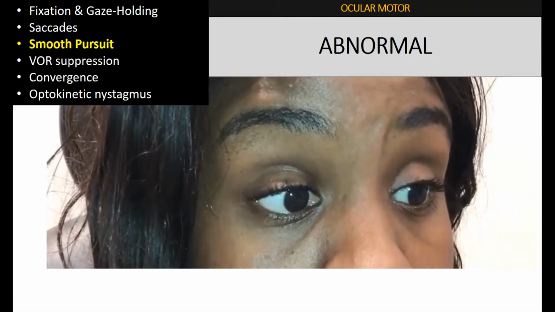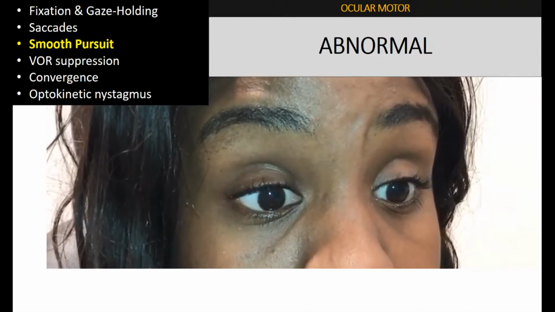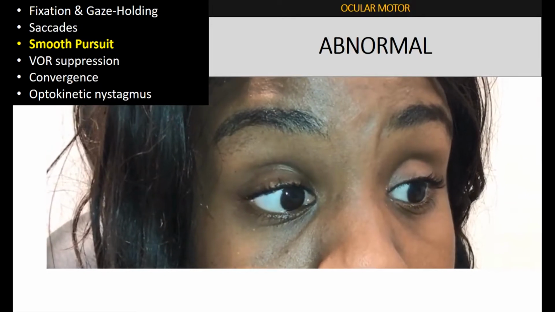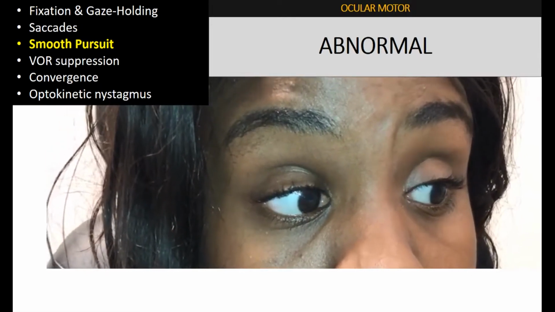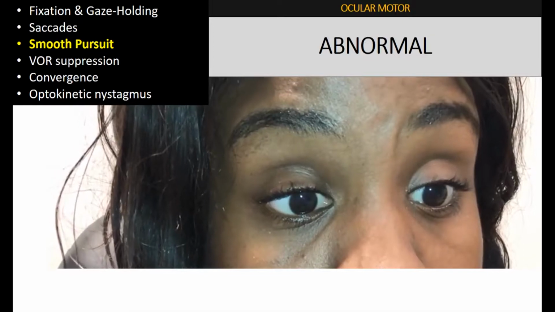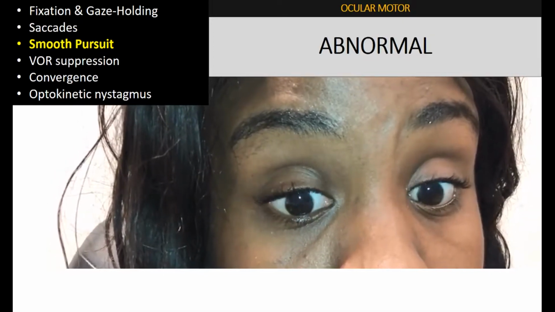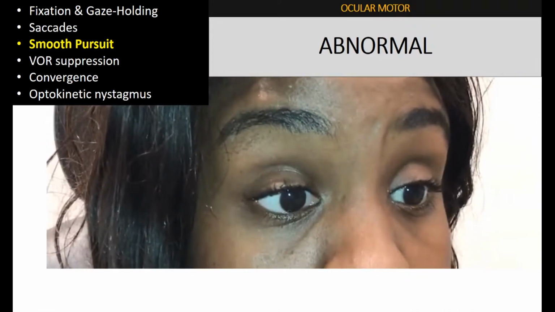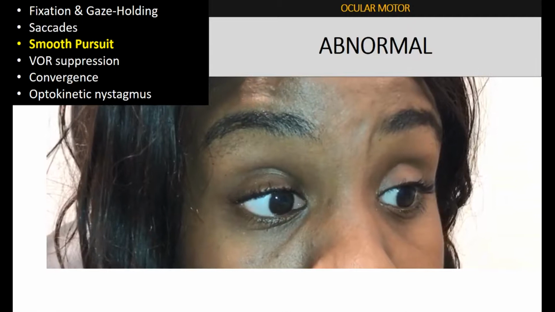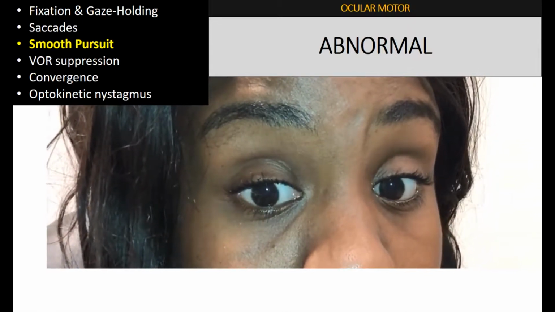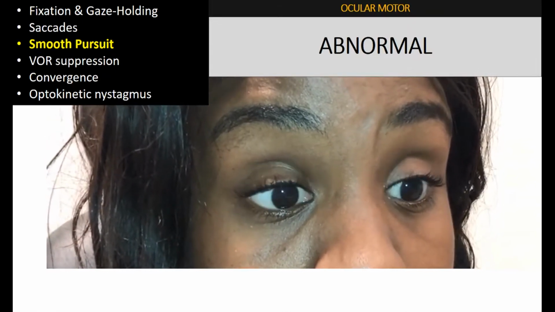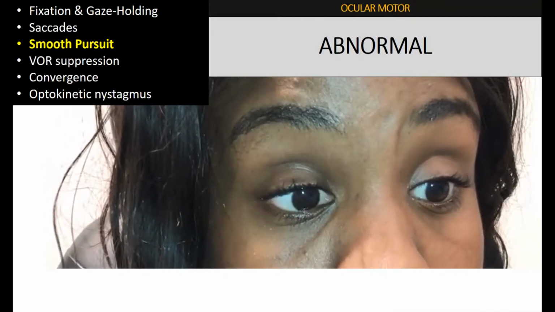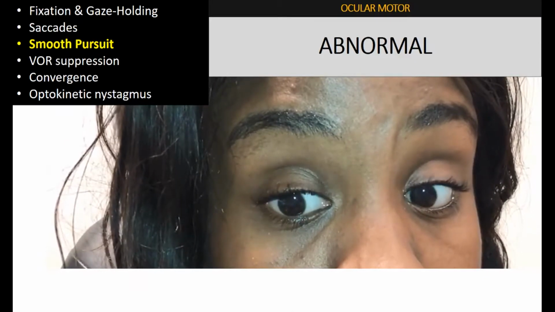Okay. So this is an abnormal VOR suppression. In this situation, the patient's in a swivel chair. She's looking at her outstretched thumb, and I'm simply moving the chair. And you can see how saccadic these movements are. They're very choppy, just as choppy as the smooth pursuit was when I tested it. This is the same patient from two slides ago.